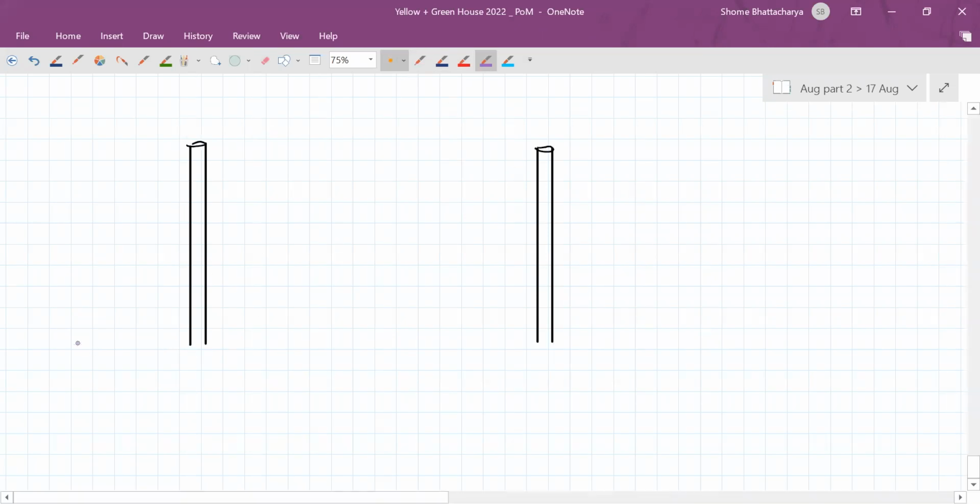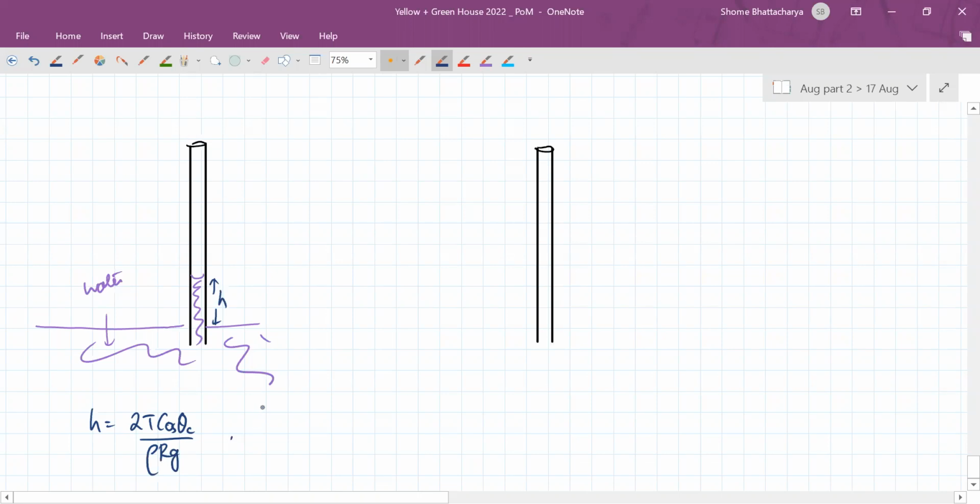So this capillary is in water. You'll observe this kind of situation. It's in water, and this height of... so here for water glass, the contact angle will be nearly zero.